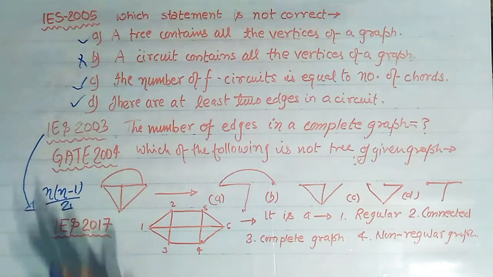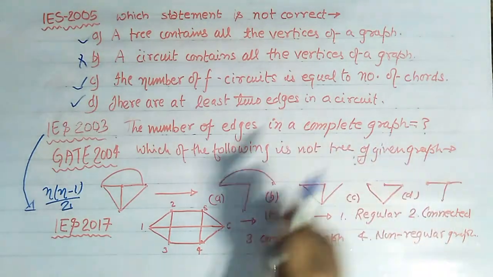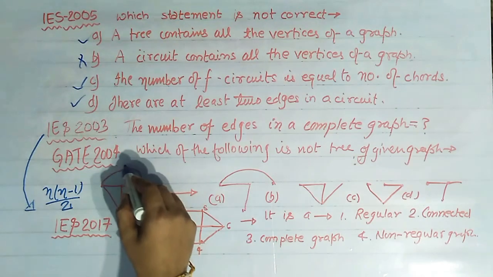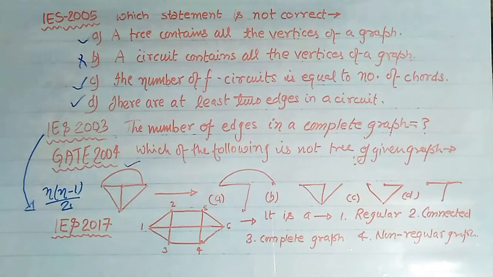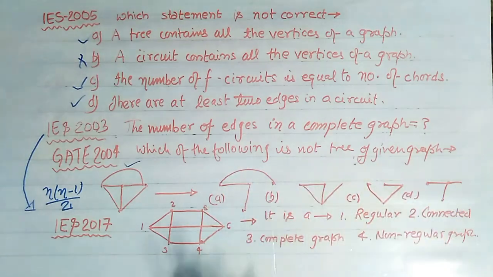Now take this question that has been asked in GATE 2004. Which of the following is not a tree of the given graph? This graph is given and we have to find which of these four options is not a tree of the graph. We know that the tree of a graph must include all the nodes of the graph.